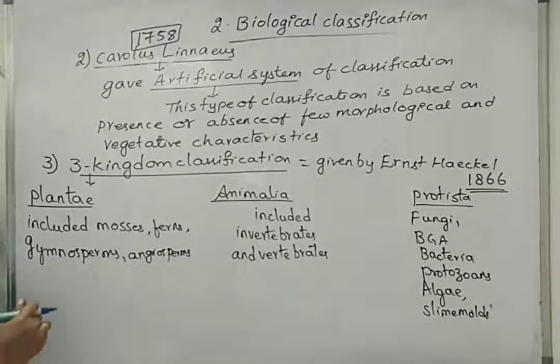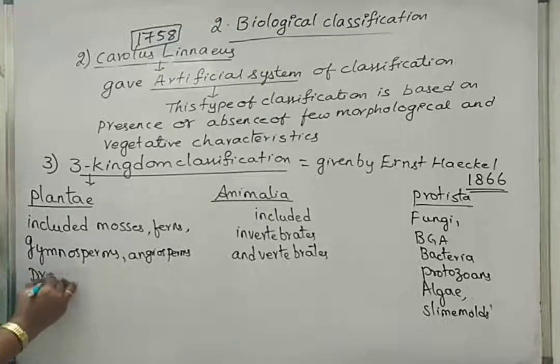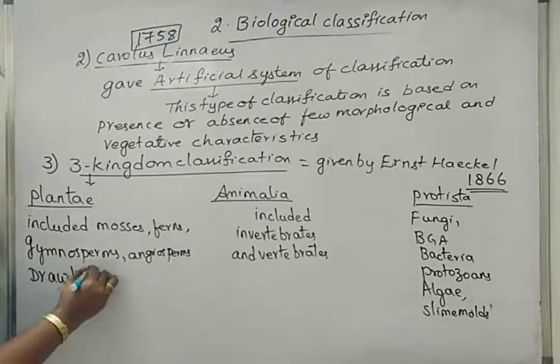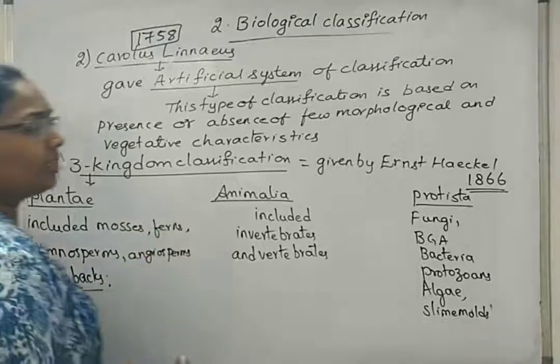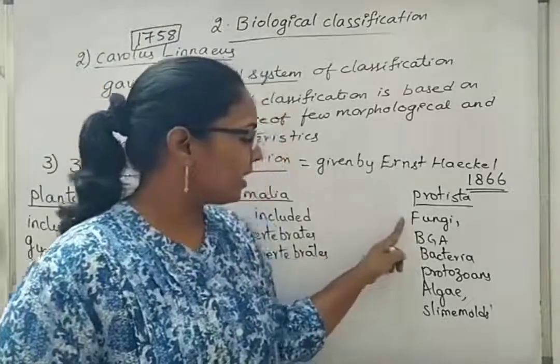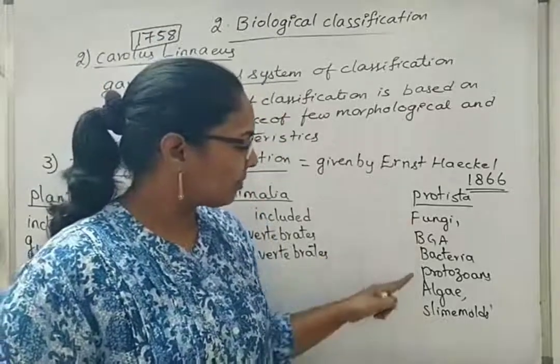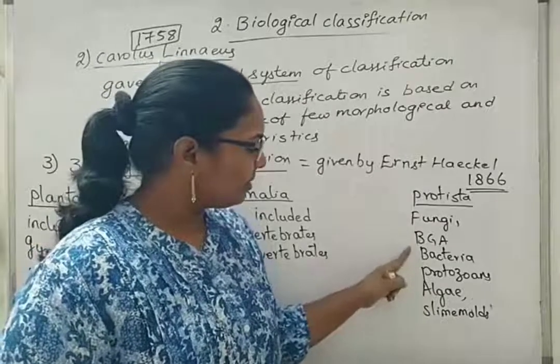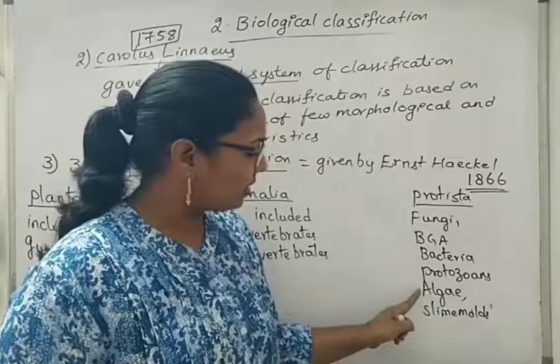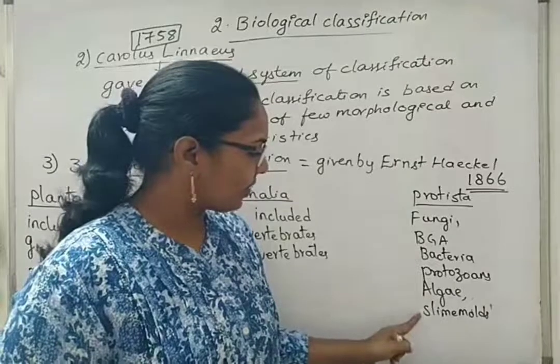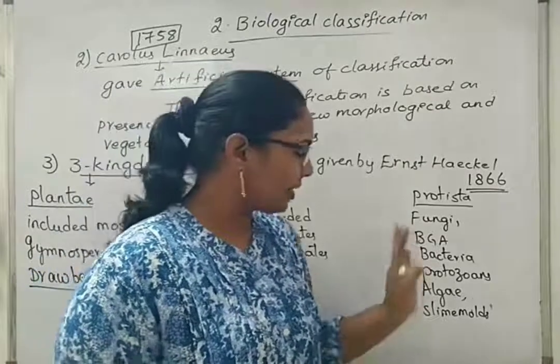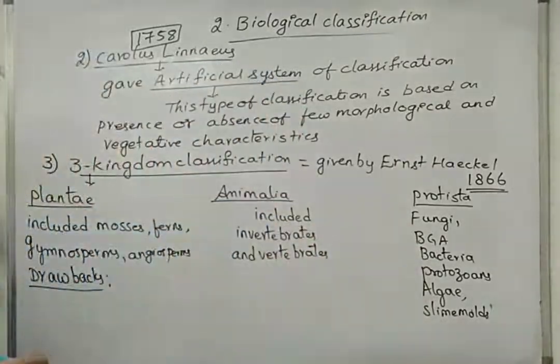Here in Ernest Haeckel classification also there are some drawbacks. So what are those drawbacks? See here under Protista, this is multicellular, this is unicellular, and this is saprophyte, and these algae are autotrophs. Again, this is saprophyte. So all these are not differentiated and kept under only one kingdom.